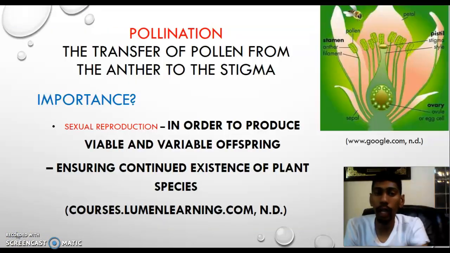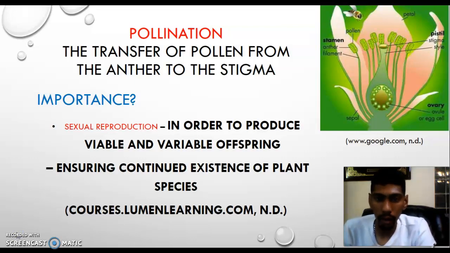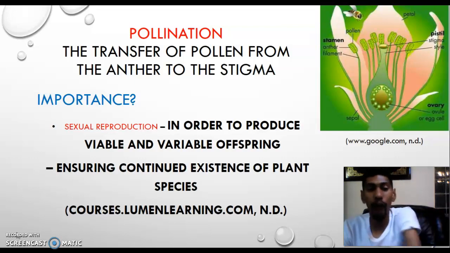Okay, so next we're looking at pollination. So what is pollination? It is the transfer of pollen from the anther, which is the male part of the plant, to the stigma, which is the female part of the plant. So why is it important? It is important for reproduction, to reproduce viable and variable offspring, right?